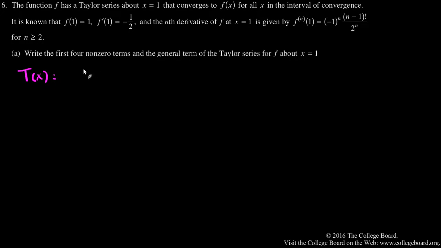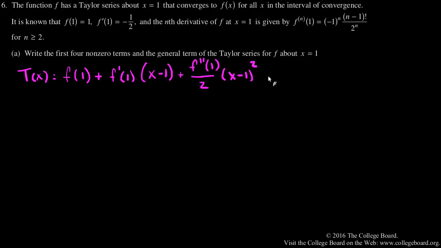is going to be, we have f evaluated at 1 plus f prime evaluated at 1 times x minus 1 plus the second derivative evaluated at 1 over 2, which is 2 factorial, times x minus 1 squared plus, okay, so we have 1, 2, 3.